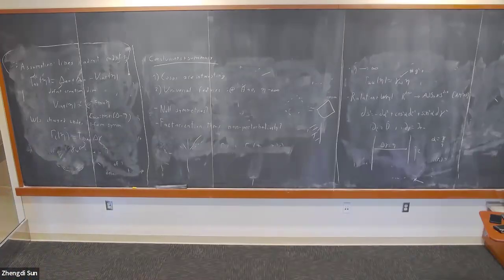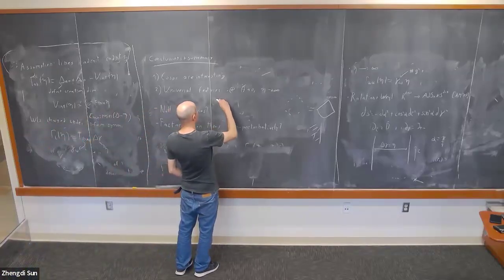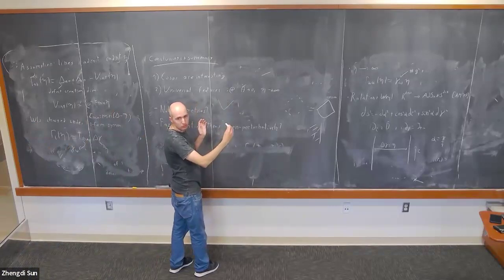Nice. Yes, please. What are the null symmetries? So not symmetry exactly. The statement is that the cusp preserves only dilation among the symmetries of the conformal group.